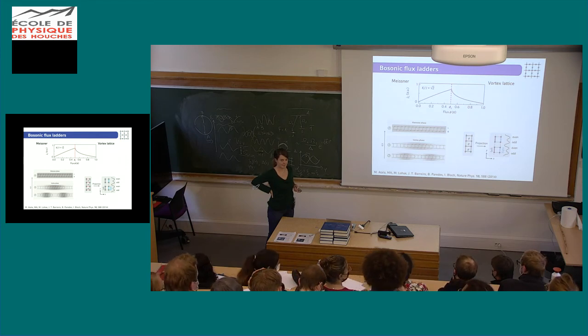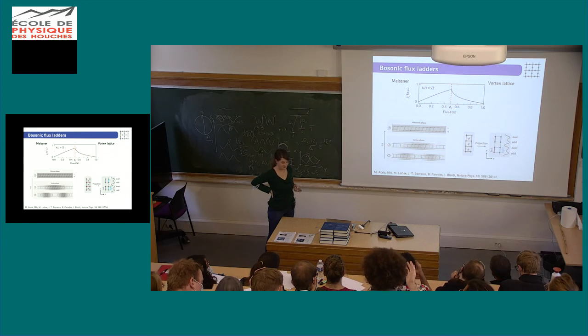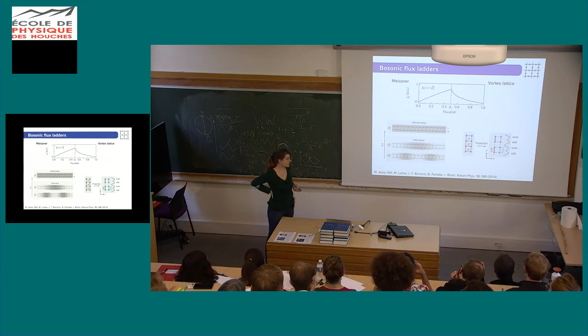One thing which always bothers me with ladders is that in a sense the edge of the system is also the bulk of the system. Yes, because there's nothing in the middle. So is there something special you have to be careful about? Yes, it's actually remarkable that the main properties of these phases remain.